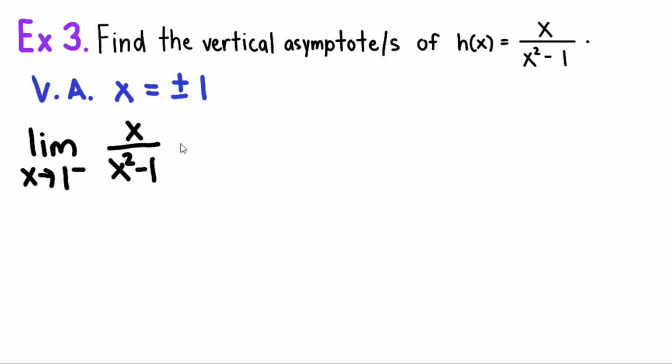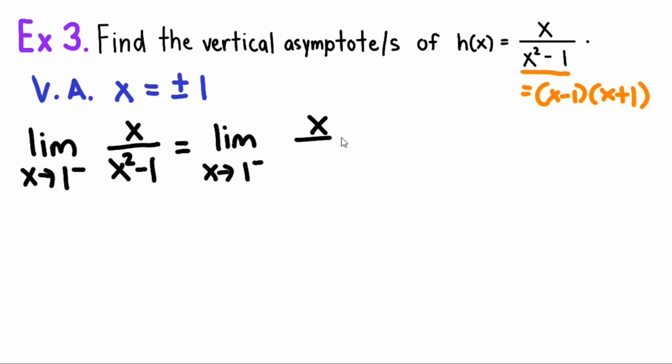So to solve this, first, take note that x squared minus 1 is equal to x minus 1 times x plus 1 by the difference of two squares factoring method. So we have here the limit as x approaches 1 from the left of x over x minus 1 times x plus 1. And in here, let's inspect.